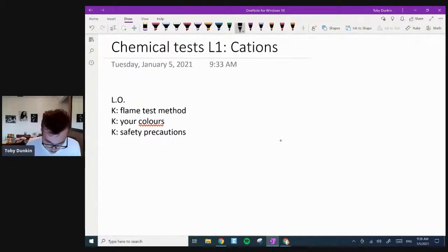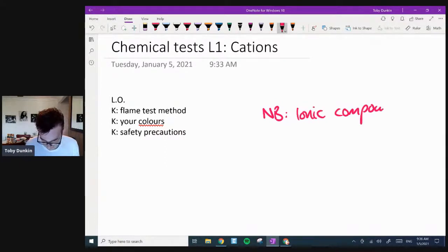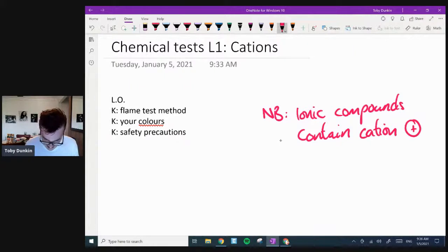So this is a quick revision, nota bene. Ionic compounds contain cations, the positive ions, and anions.